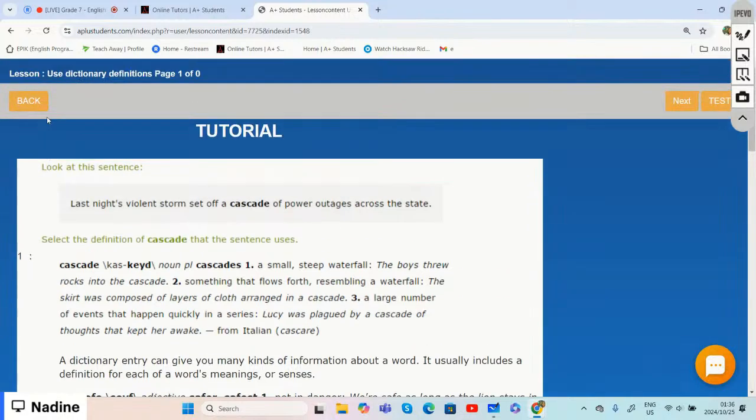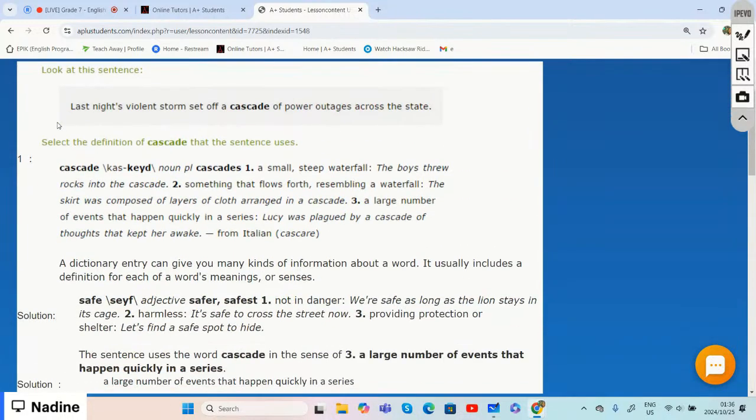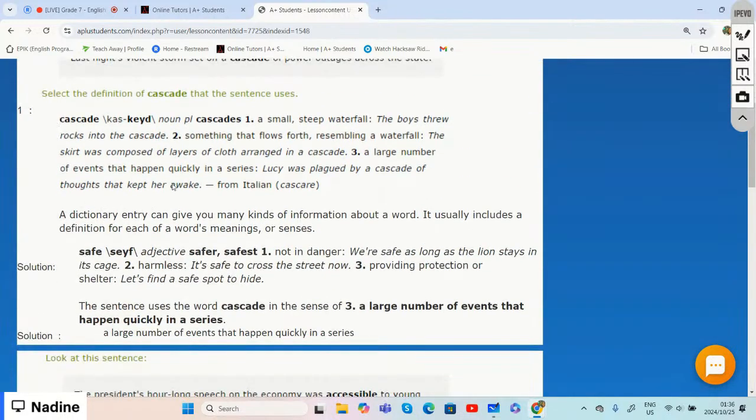So when we use dictionaries, once again we have our word, we have pronunciation, we have the part of speech, then we have the different multiple meanings of that word.